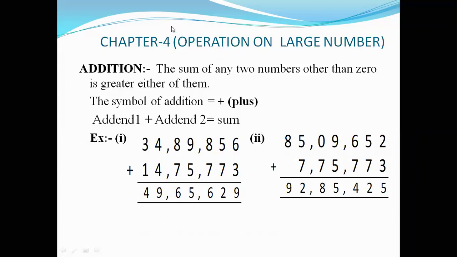Here we get 12, and we write only 2. Now we add 8 plus 7, which is equal to 15.